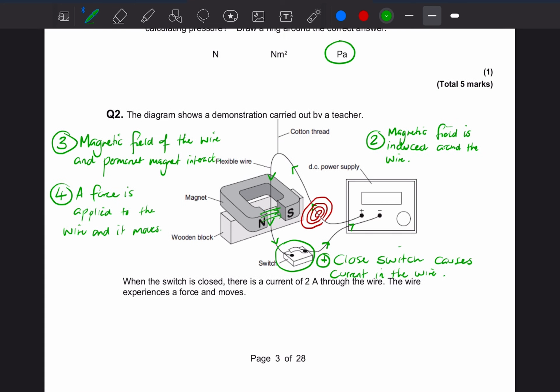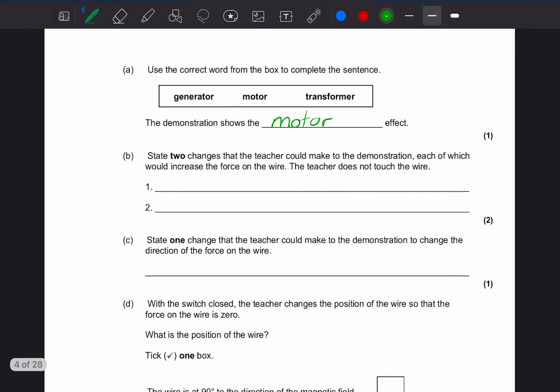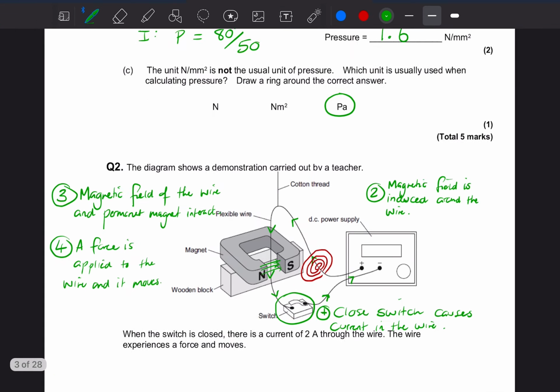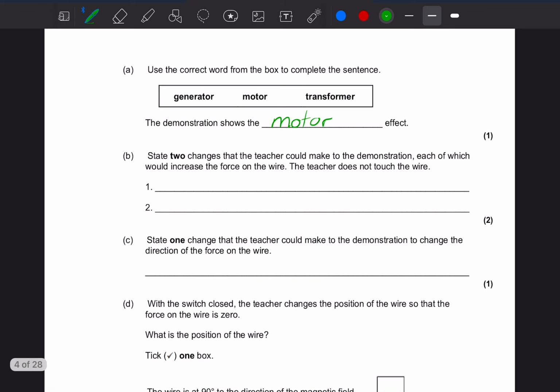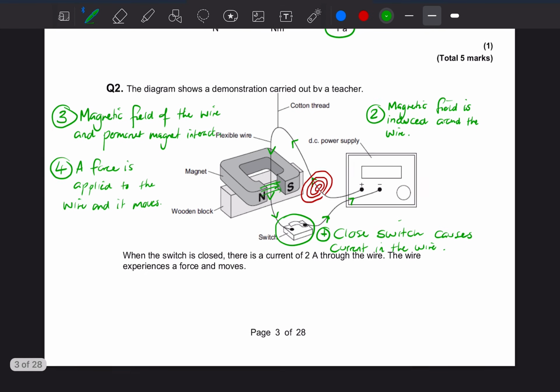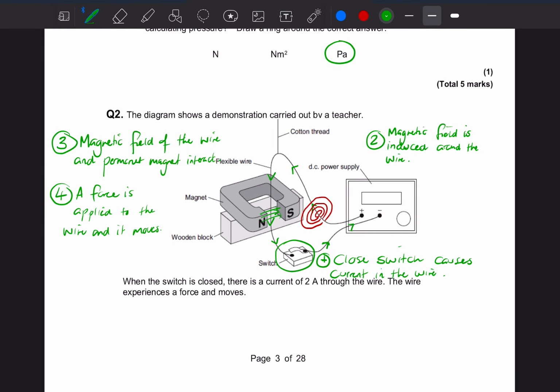So now that we know a little bit about the motor effect, we should be able to answer these questions. So 2 changes that could make the force on the wire increase without touching it. Well, we could increase the current in the wire, because that would increase the strength of the magnetic field around the wire. And the other thing we can do is increase the strength of the magnetic field of this permanent magnet.